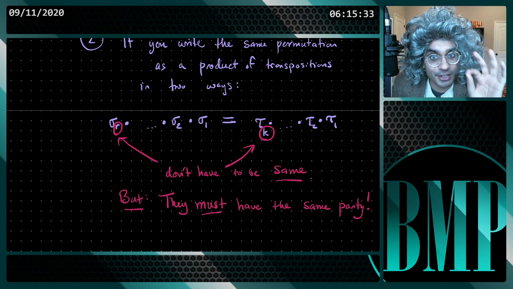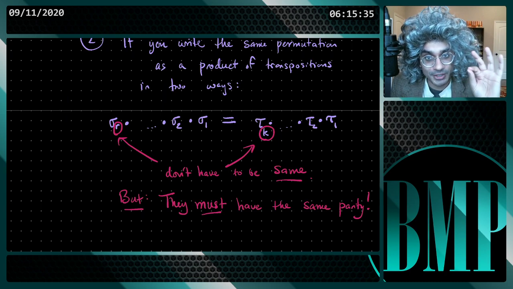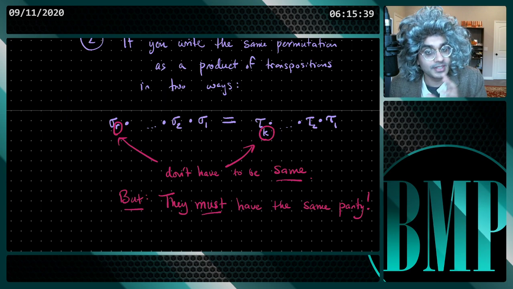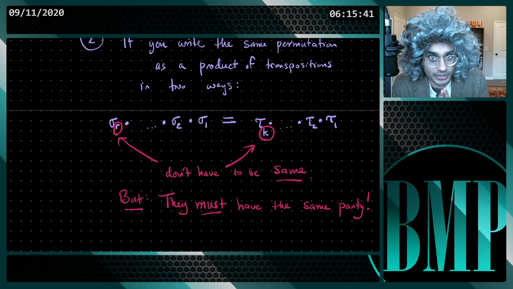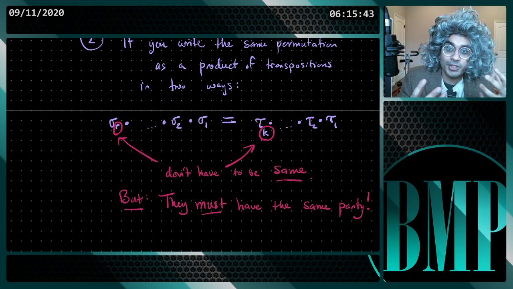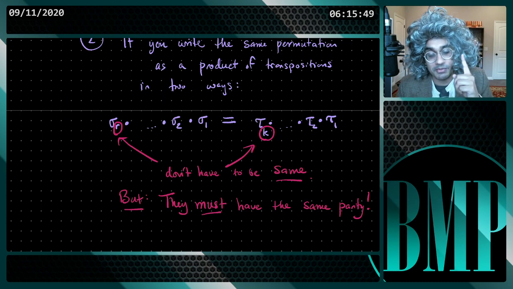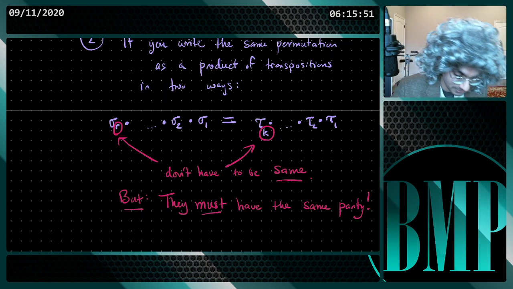There's no particular number that a permutation gets factored into as a product of transpositions, but the evenness and oddness of the number of factors is consistent. And that's the conspiracy that I have to explain to you.